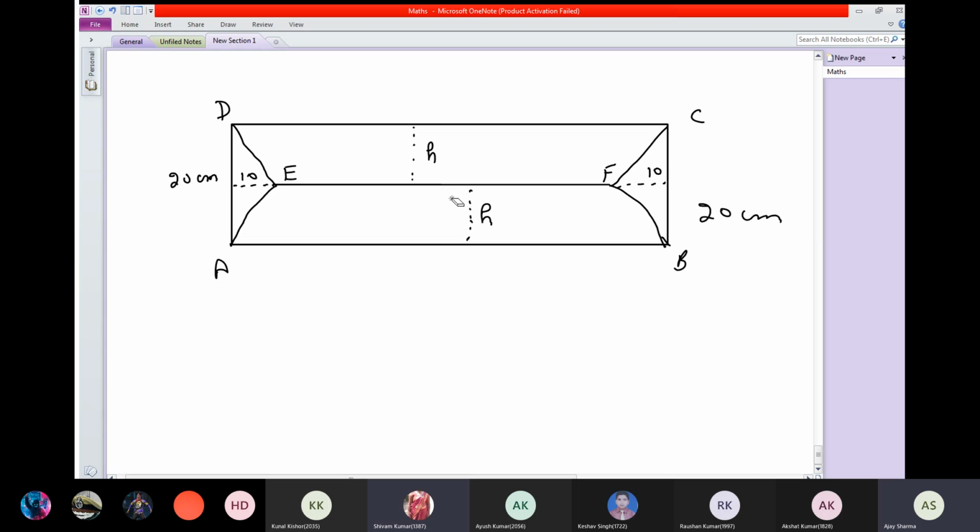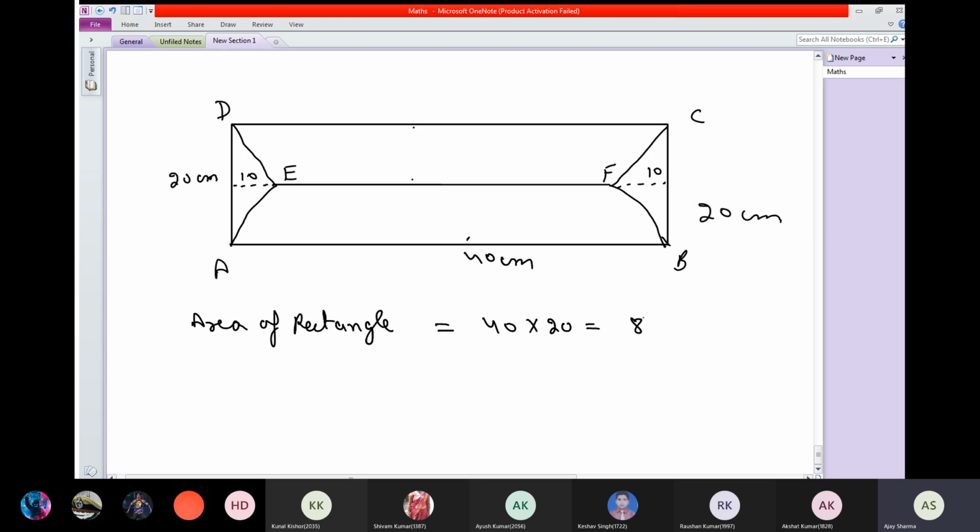So what do you have to do? We have to first find the area of the rectangle. What is the area of the rectangle? Length into breadth. Length is 40, breadth is 20, and area will be 800 centimeter square.